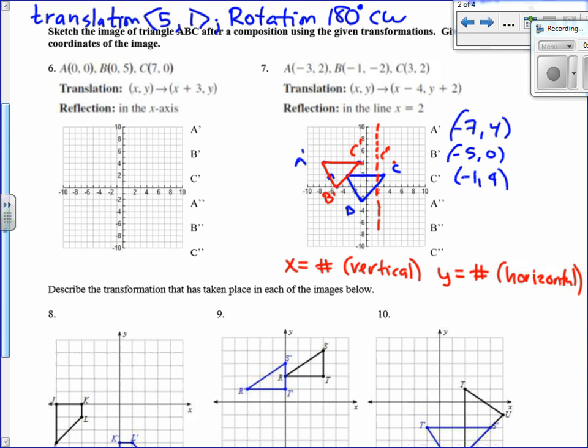Okay. And then A is going to be down. This is seven. 1, 2, 3, 4, 5, 6, 7, 8. That's going to be 8.